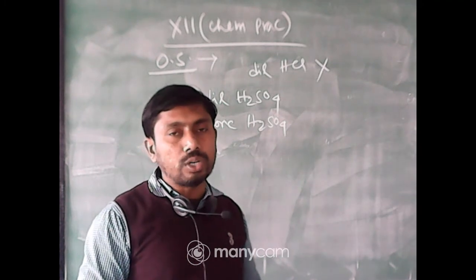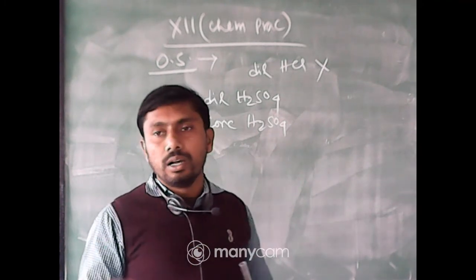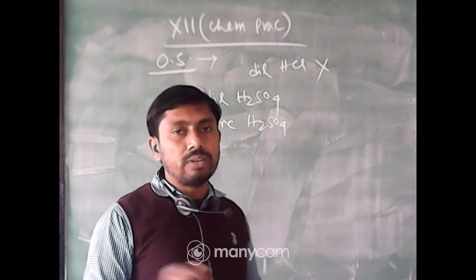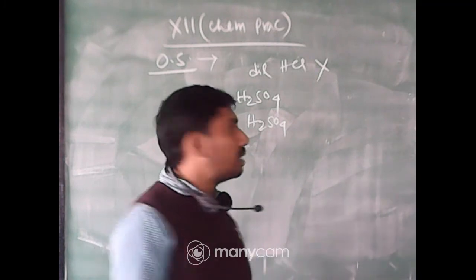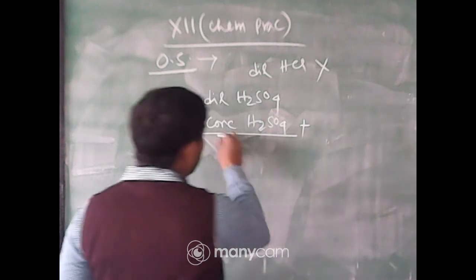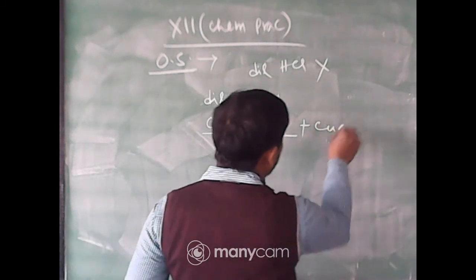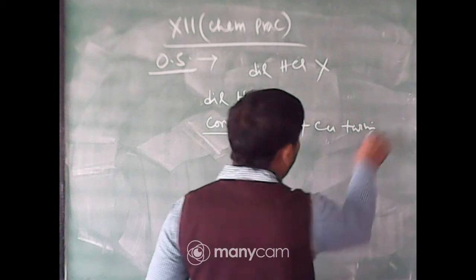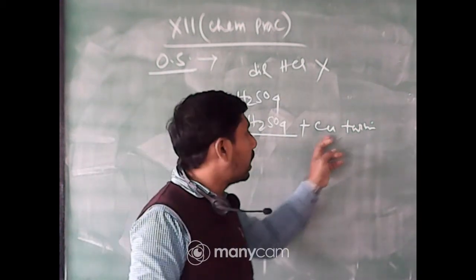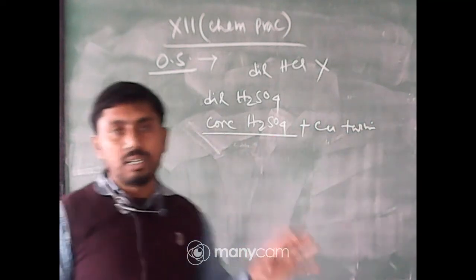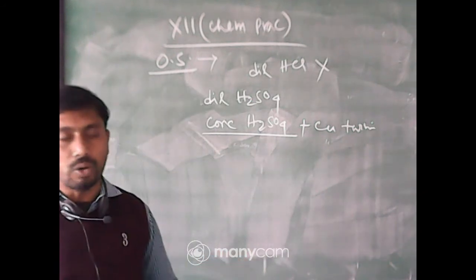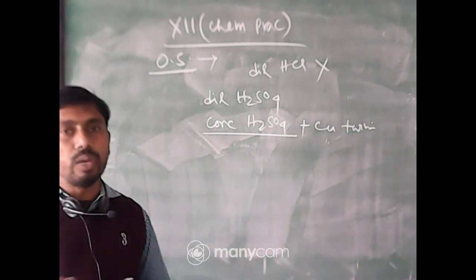This is very important. Suppose you detected nitrate as the anion. In the dry test, nitrate responds when you add concentrated sulfuric acid plus copper turnings, then a brown fume will appear. But this is under the dry test. So you conclude that nitrate may be present, and in the wet test we will confirm it.